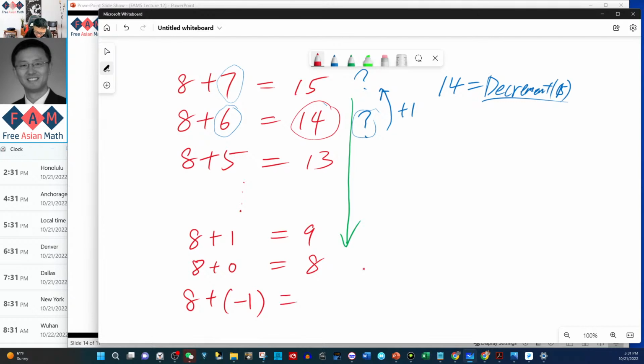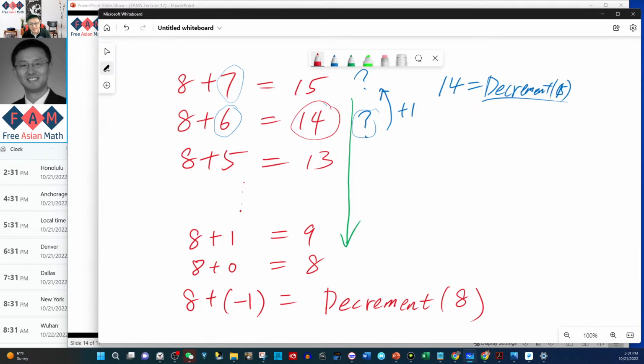This should continue the trend on the right-hand side, one less, right? This should be the decrement of the last result, which is 8 plus 0 equals 8. Because now we are adding just 1 less than 0.